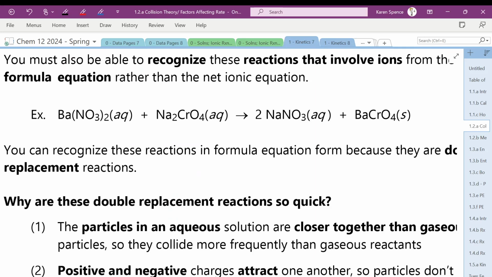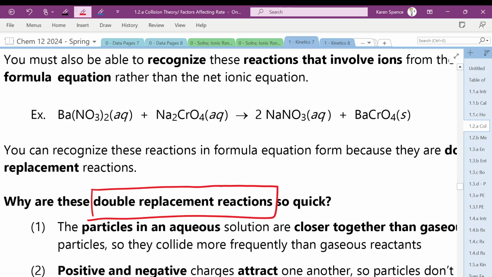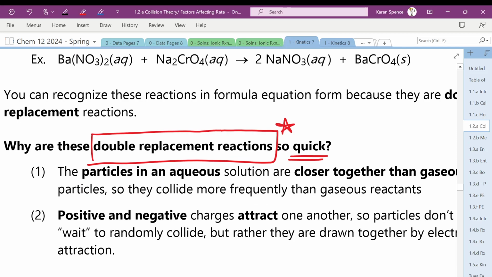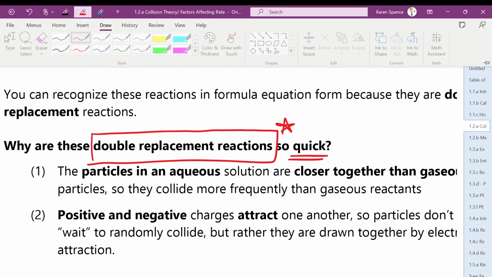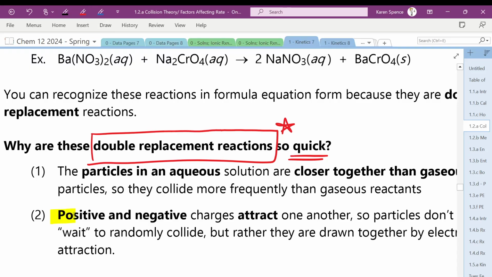So when we go down here, why are double replacement reactions in particular very quick? Why are double replacements so quick? Well, the first reason, and this is the one we just talked about, is that we have the positive and negative charges. They attract.